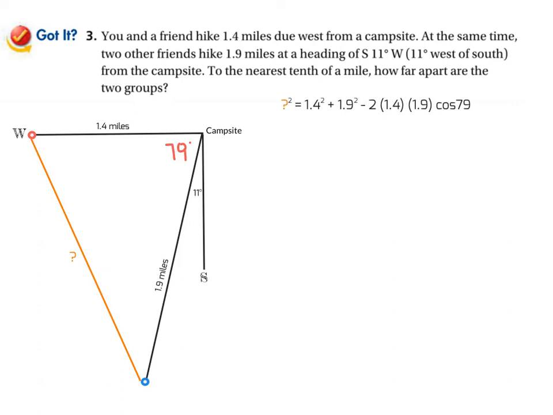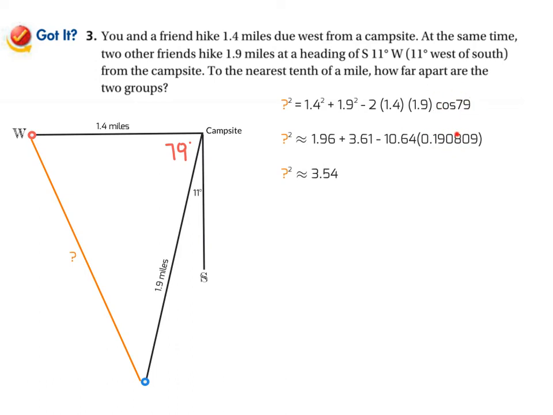So I've just typed it into my calculator and here are the steps that you do. If you squared each one, you would get each of those individual values. You could type this right into your calculator if you want, and I suggest it, but you can also calculate each piece separately. And you see what I did here is I typed in cosine of 79.